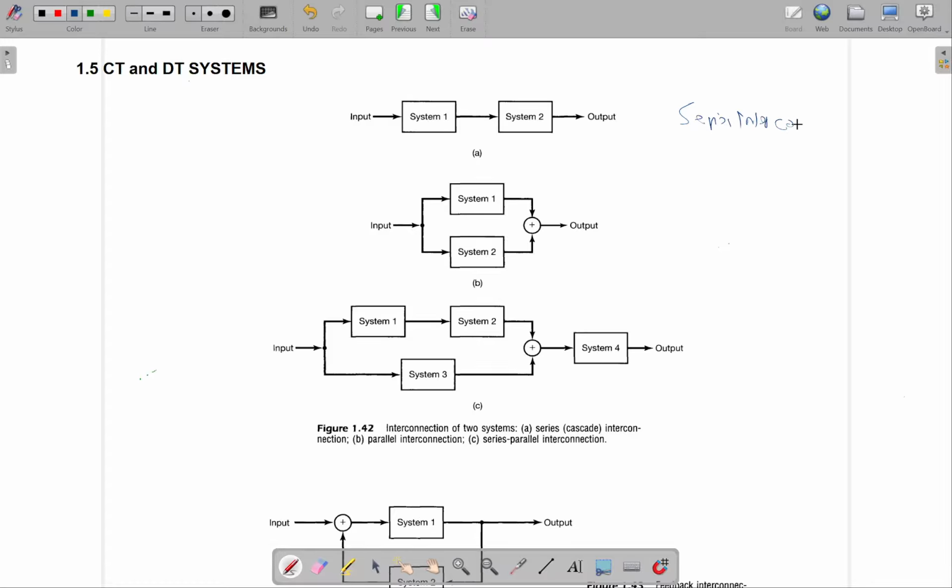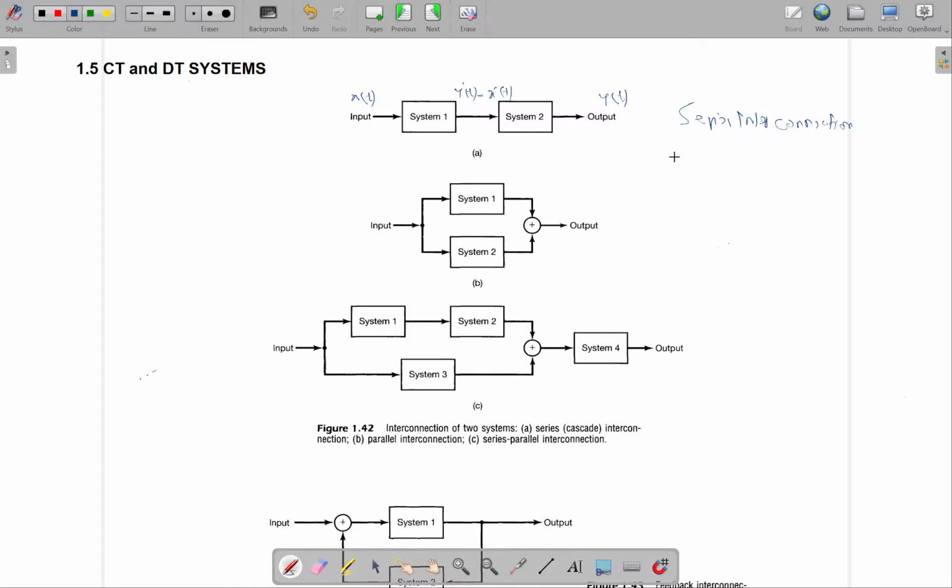So in series interconnection, the output of the first system is going to be the input of the second system. So this is the input x of t, and the final output is going to be y of t or y of n. And then the output of the first system, which I'm going to call y hat t, is going to be the input of the second system. Okay, so this is a series interconnection.